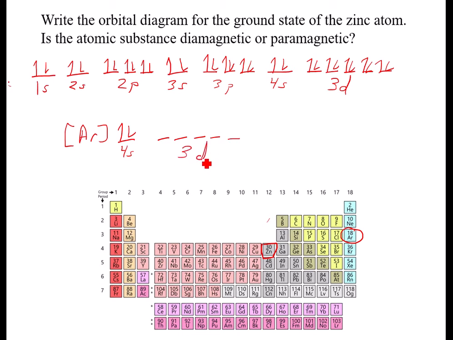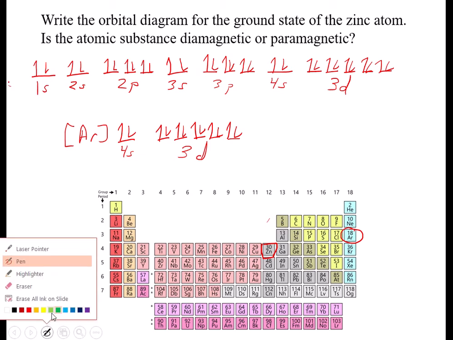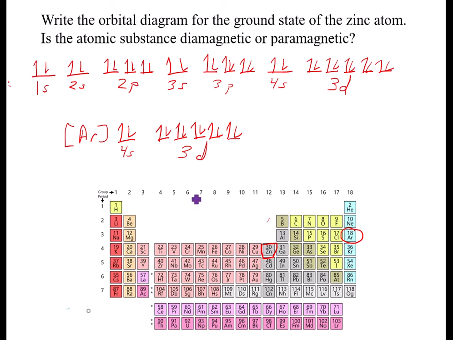This is my 3d, so I do 1, 2, 3, 4, 5, 6, 7, 8, 9, 10. So this is, let's see if I can change the color here, to purple. This is using the noble gas configuration. And this is the long form.